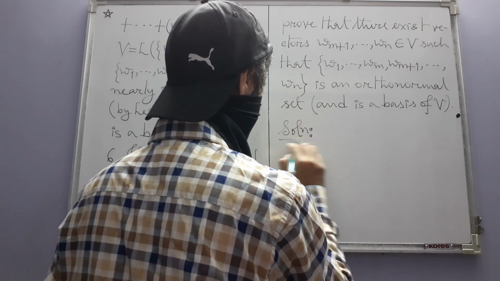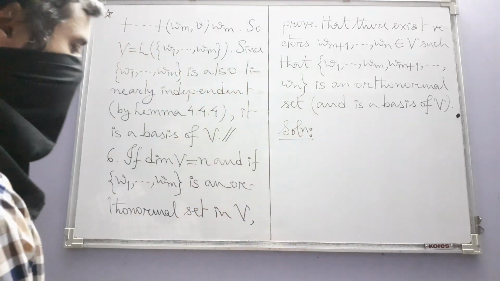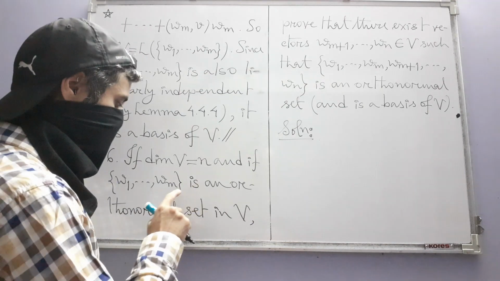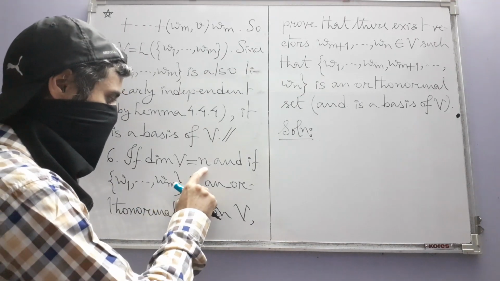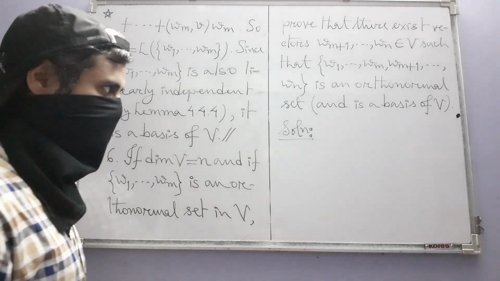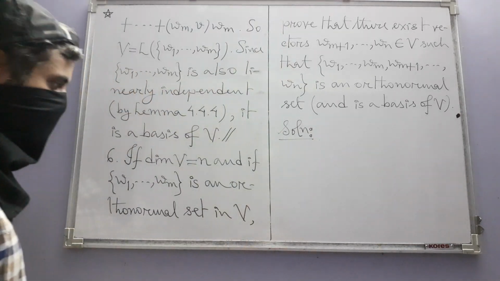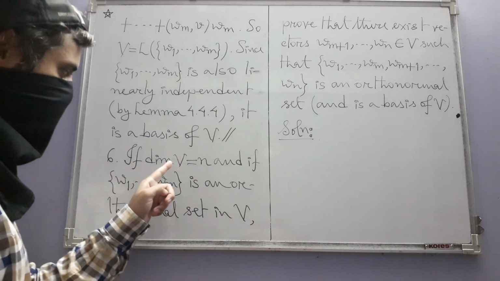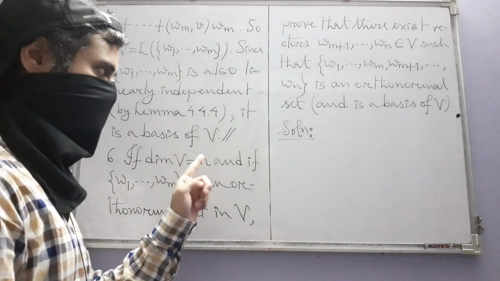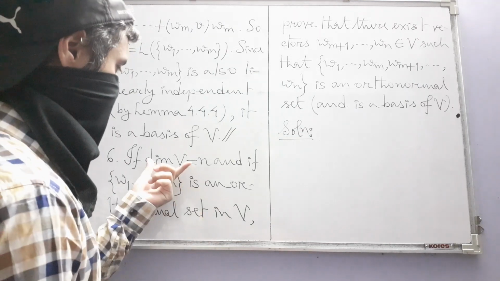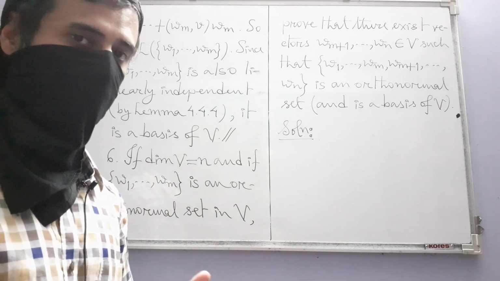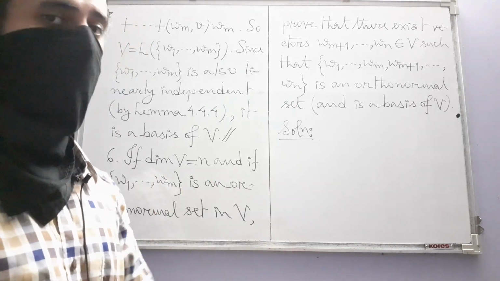Now in the solution, in the beginning itself, we can say something about the relationship between n and m. You see, here is the thing. You know two things already. One of them is that in an n-dimensional vector space, any linearly independent set can have at most n elements, not more than that.